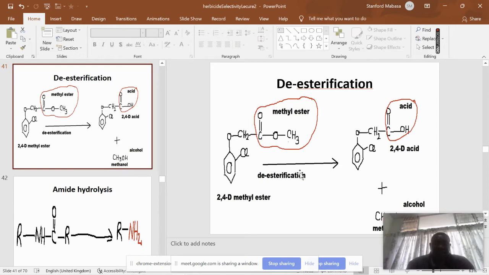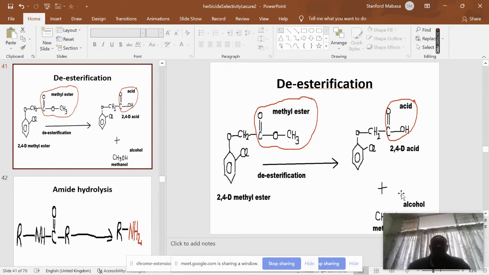Well, this is the 2,4-D methyl ester, which can be split to form an acid and the alcohol. I've talked about the de-esterification when I was talking about the movement of 2,4-D methyl ester within the plant.